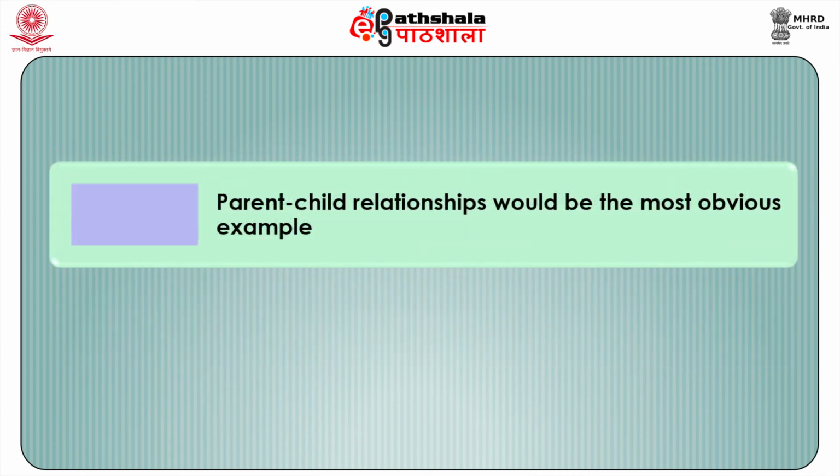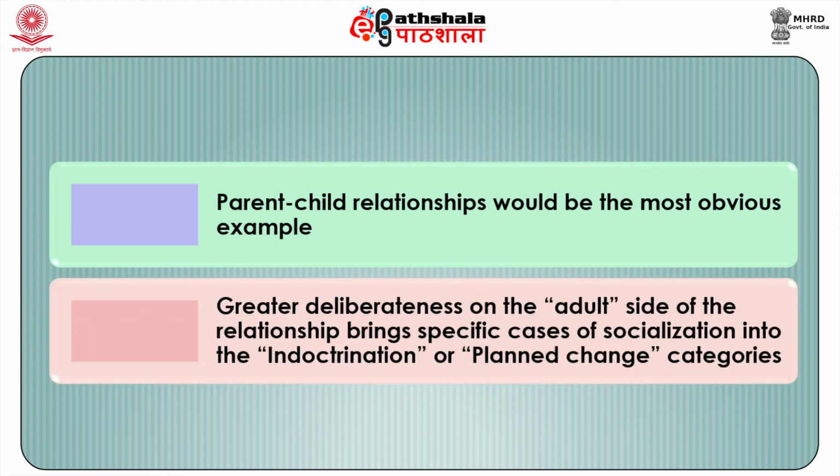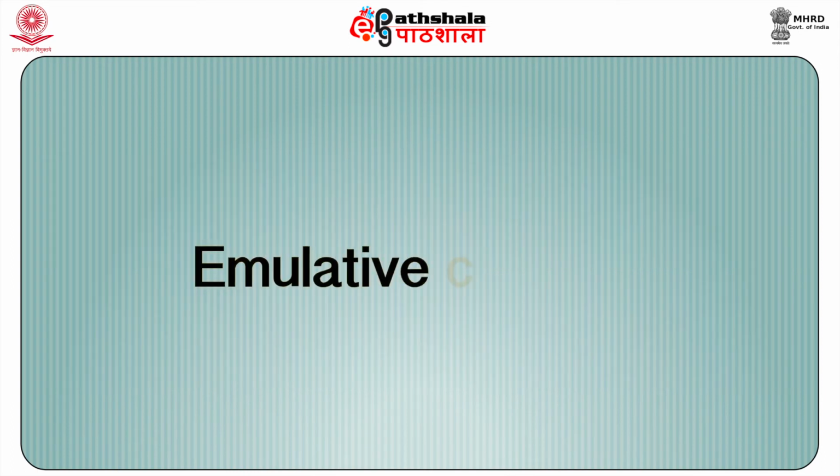Parent-child relationships would be the most obvious example, although counselor-camper, teacher-pupil relationships would also be applicable here. Greater deliberateness on the adult side of the relationship brings specific cases of socialization into the indoctrination or planned change categories.